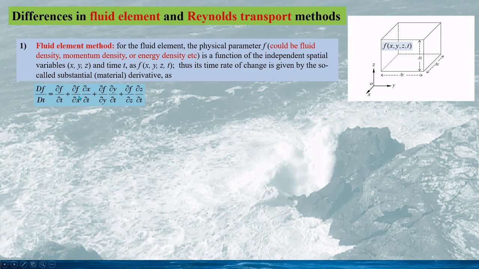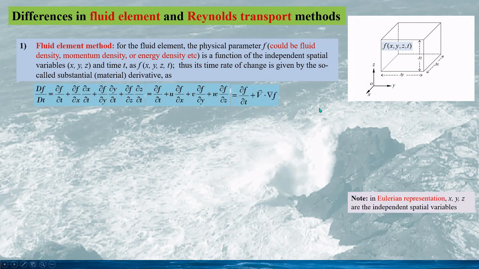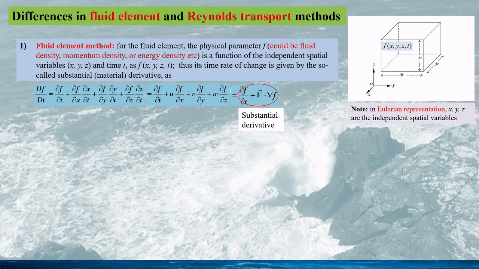So we have the derivative of f with regard to time given by this, and using the velocity components, we have this and this. Here we can see the expression as this. It is the conventional form of the substantial derivative.